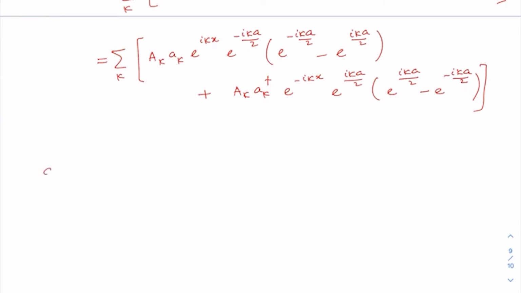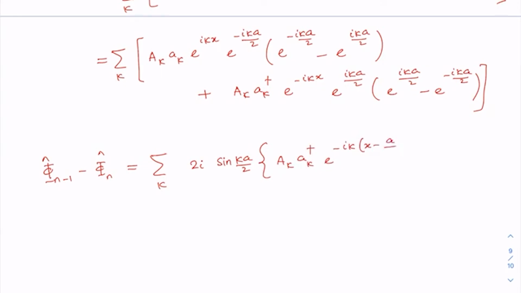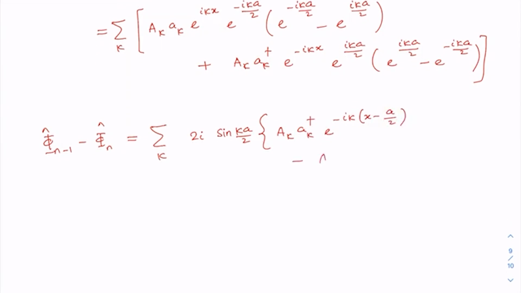Finally what you will get, if you apply that, is phi n minus 1 minus phi n equal to sum over k 2i sine ka by 2, and here you will have ak dagger e to the power minus I k x minus a by 2 minus ak e to the power I k x minus a by 2. Okay, so this is what I will get.